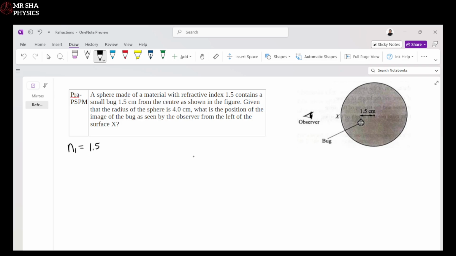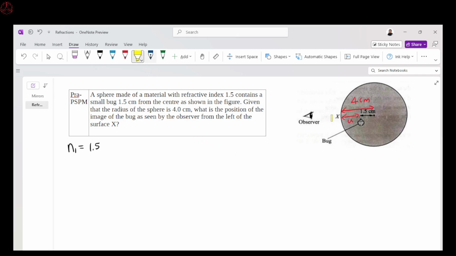Given that the radius of the sphere is 4 centimeters, you see, the total distance from the surface to the center, which is the radius, is 4 centimeters. Which means u is over here. This is u.